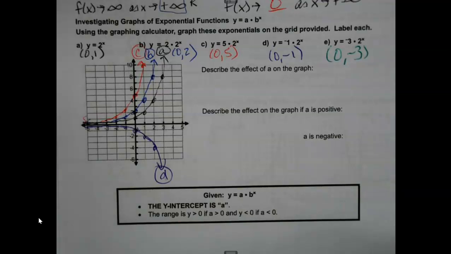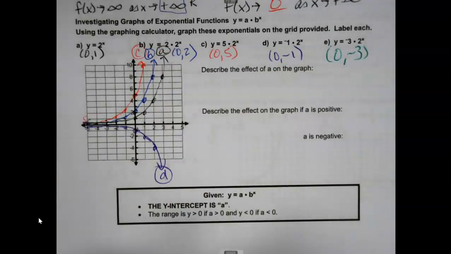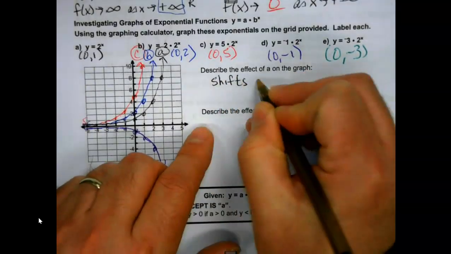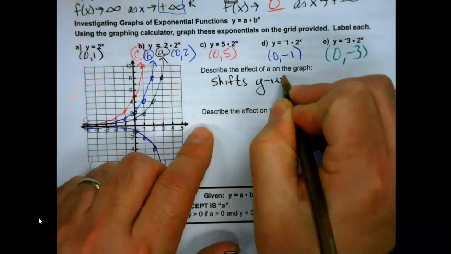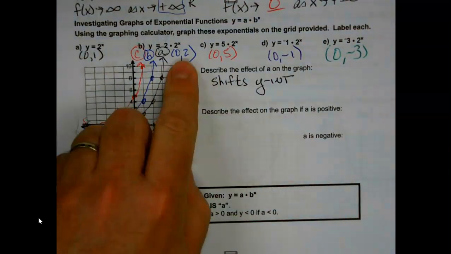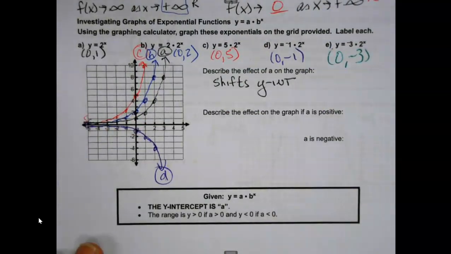And so what I hope you would notice here then would be that this A value, this number that's out in front, does a couple of things. It shifts the y-intercept. Whatever it was moving with it directly.